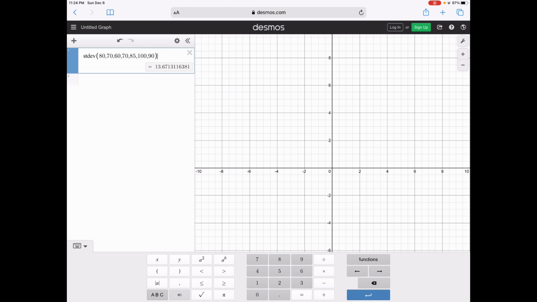And simply by using this statistics feature on this graphing calculator, you can look at the top and see that our standard deviation was calculated for us to be 13.67 if we rounded to the 100th spot.